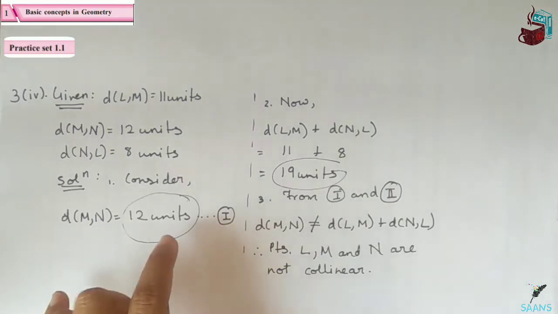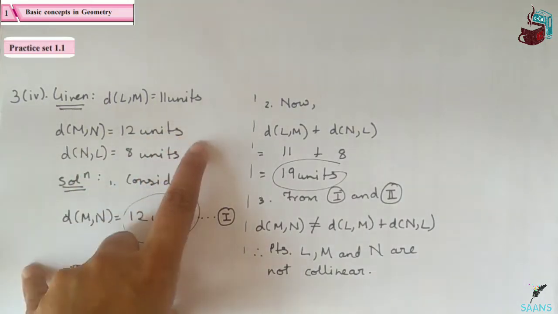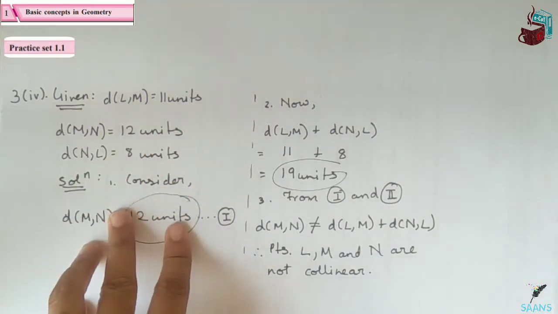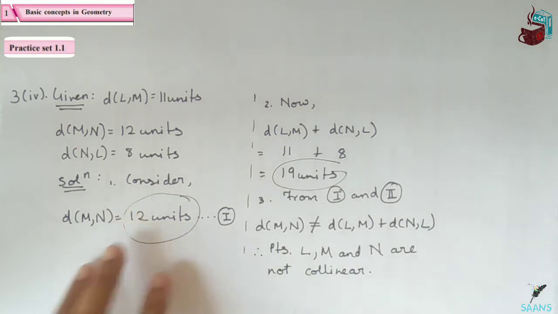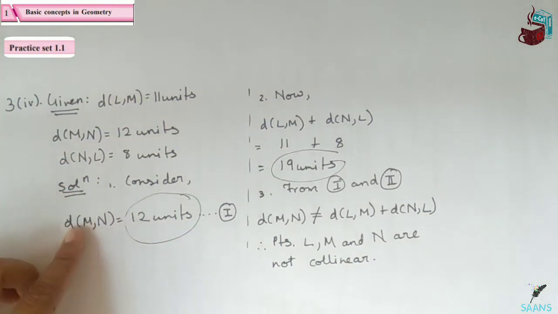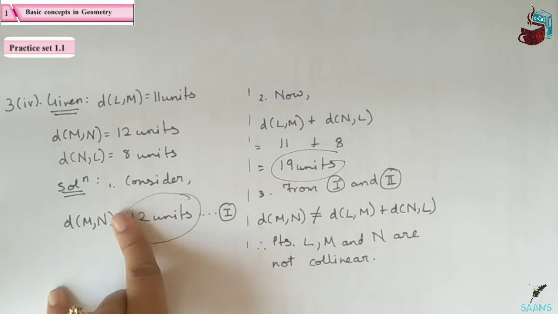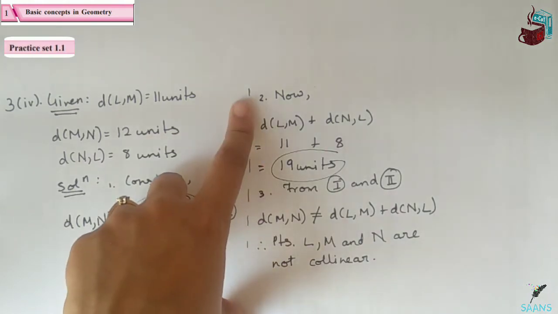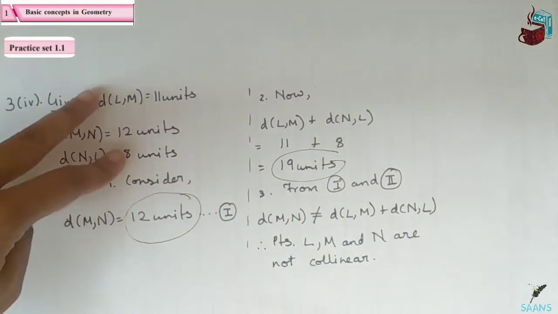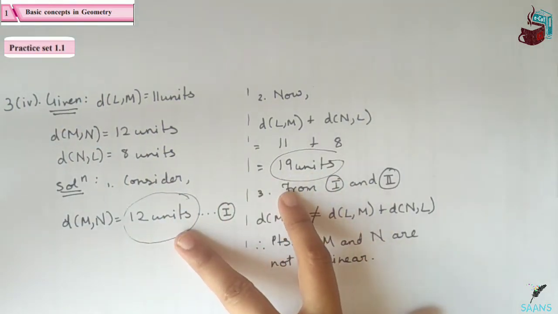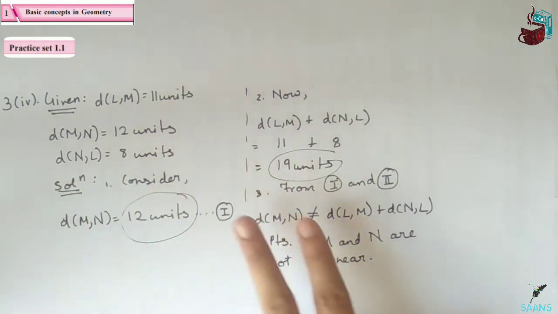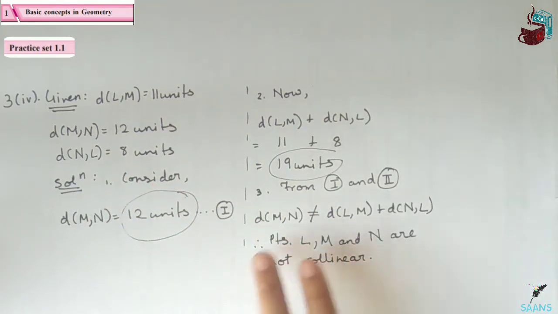In order to solve these sums, that is to show whether the 3 points are between the other, we first see what is given, consider the biggest distance, freeze it, then go to the next, add the smaller two distances. If they are equal, they are collinear. If they are not equal, these 3 points are not collinear, and this is how it is written. So this was for betweenness.